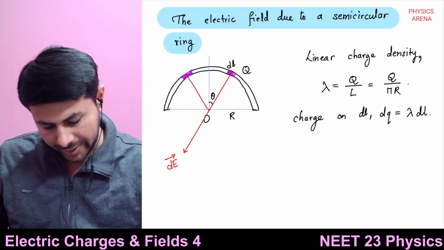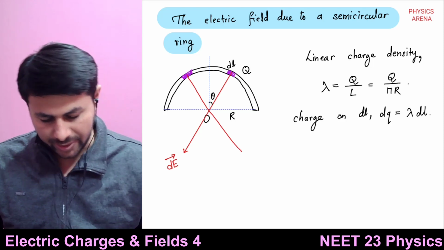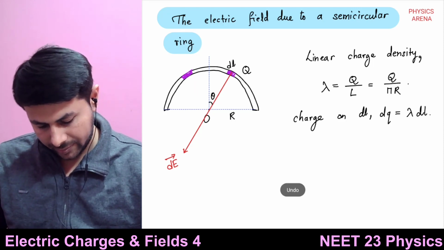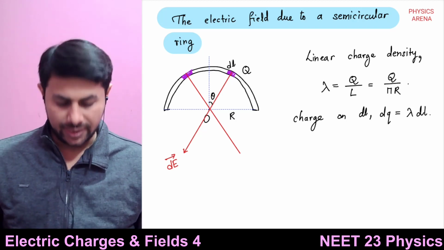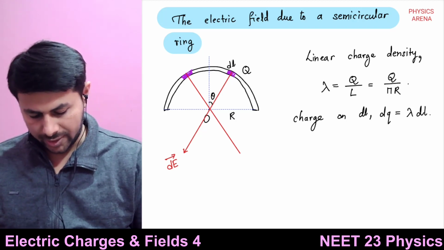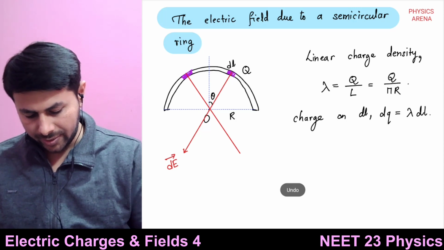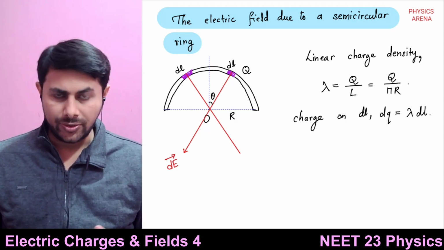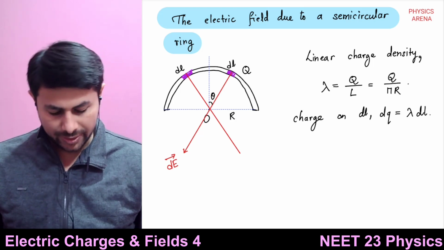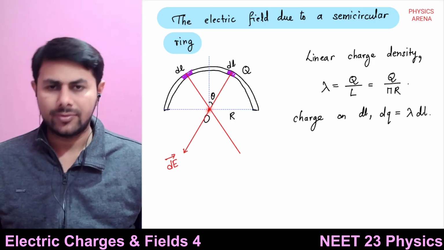It has the same amount of charge because its length is equal, so it will also create the same amount of electric field at this point.